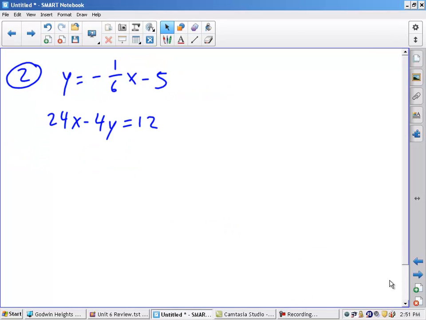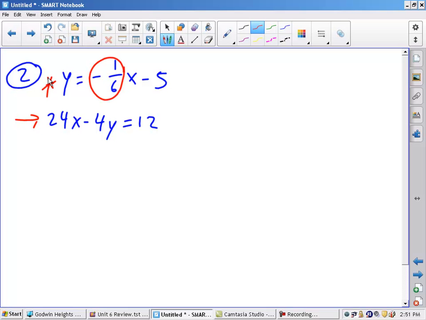Okay, I'm going to do one from number 2, 3, and 4, and on those they say tell whether the lines for each pair of equations are parallel, perpendicular, or neither. On number 2, you have one equation that has y by itself. The other one doesn't, and that's the one you need to get y by itself to decide what the slope is. In the first one, the slope is negative 1 over 6, and you're going to compare the two slopes.